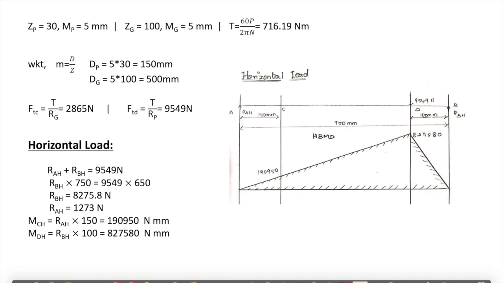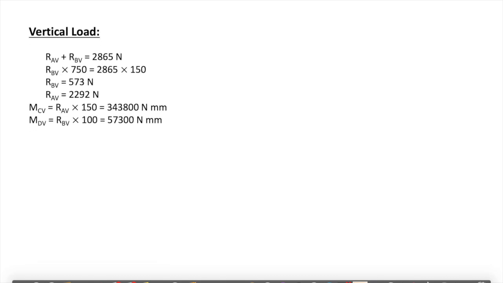When it's acting horizontally, the magnitude of the pinion is higher because it is going to transmit the power in the horizontal direction. While acting vertically, the gear moment will be higher, since it is getting its power from the vertical direction. So now similarly we move on to find out the vertical load, which is similar to the horizontal.